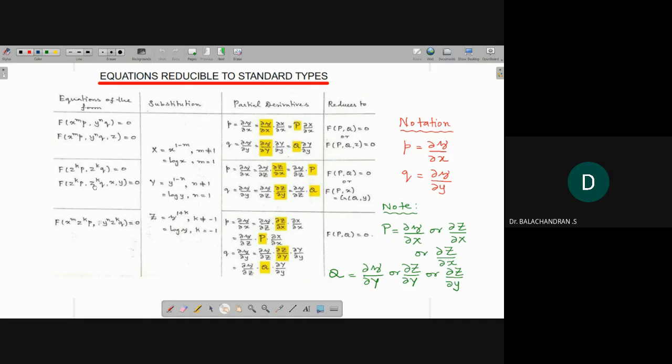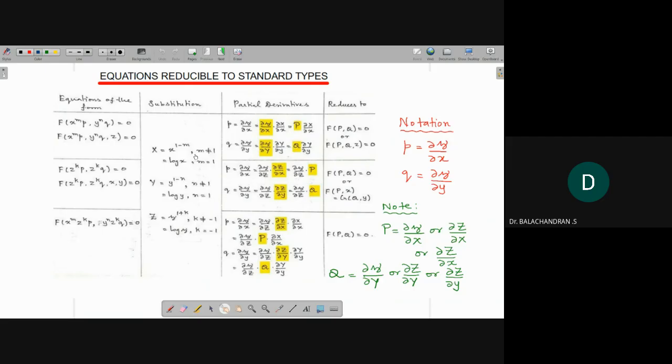The problems are either one of the five types: 1, 2, 3, 4, 5. Or you can take this as the first type, this as the second type, this as the third type.